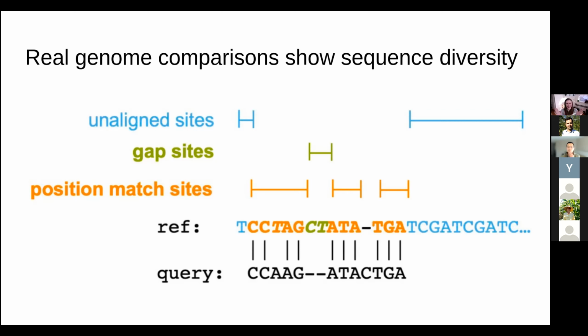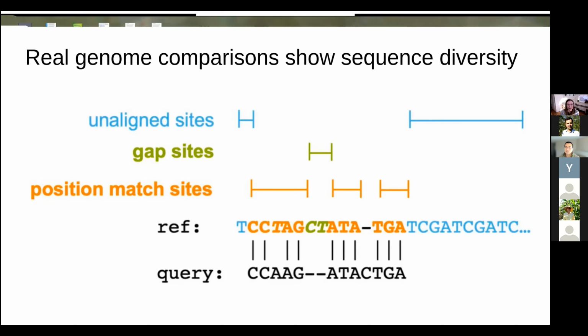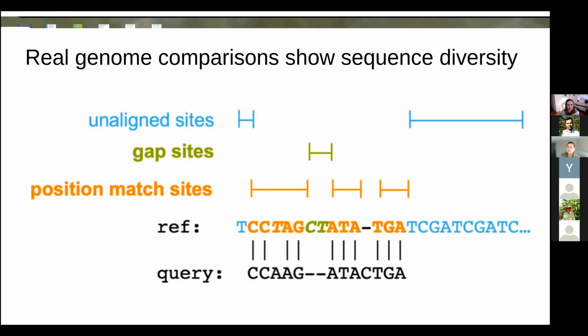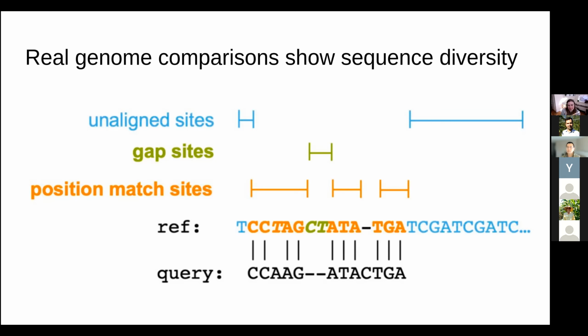To assess real data, I'm going to first introduce how we're categorizing nucleotide differences into three different categories. I'll show this here now on this slide, but we'll also have a little cartoon down in the bottom corner on the slides where it's relevant. To categorize different types of sequence diversity on a base pair level, I'm going to highlight the difference between the reference and the query.